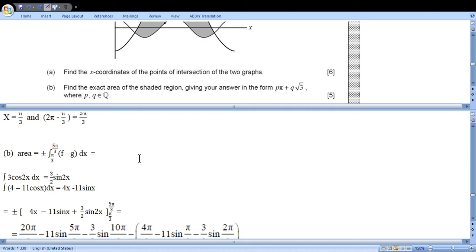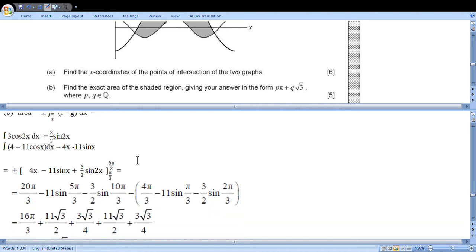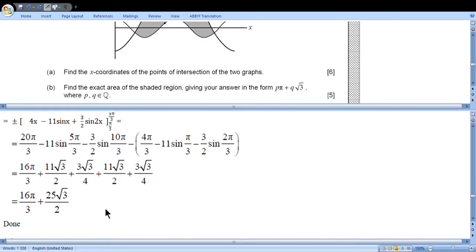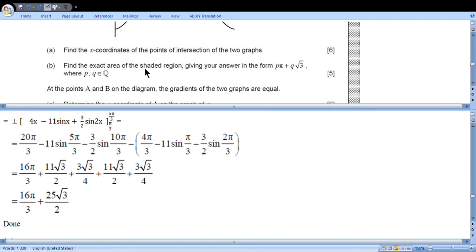After simple integration and substitution of known values of sine and cosine, we get this expression. Done. I will keep the screen for some time if you want to check.